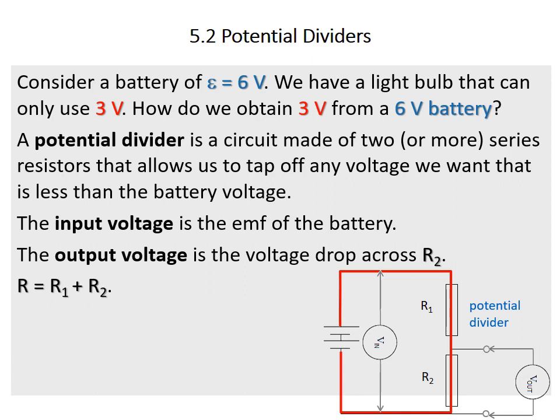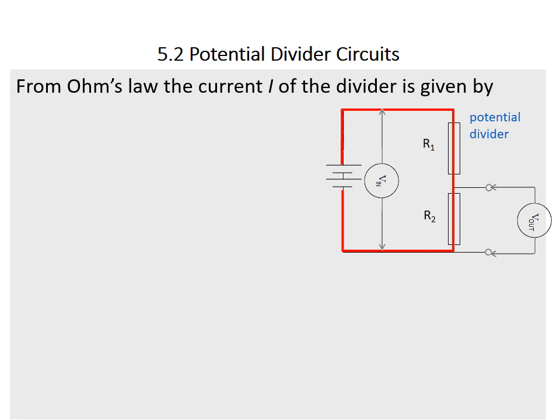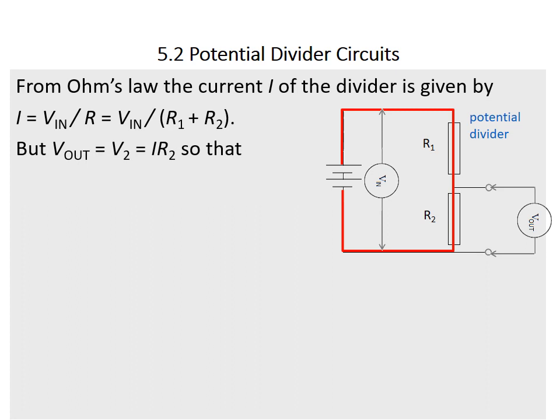And again, the total resistance for resistors in series is the sum of those values. So from Ohm's law, the current I of the divider is given by the input voltage over the total resistance, and the total resistance is the sum of R1 and R2. But the output voltage is just the voltage across the second resistor, and that's I times the resistance of the second resistor.